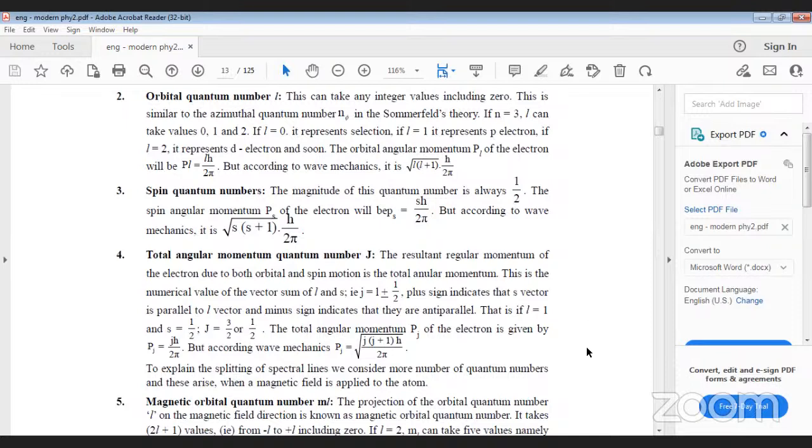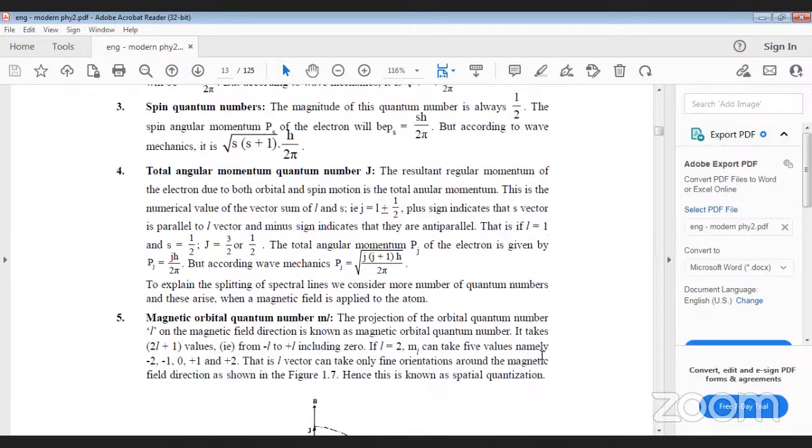Why? Because 1 plus 1 by 2 is 3 by 2, and 1 minus 1 by 2 is 1 by 2. Therefore the total angular momentum P_J equals square root of J into J plus 1 times h cross, or h by 2 pi, whatever it means.